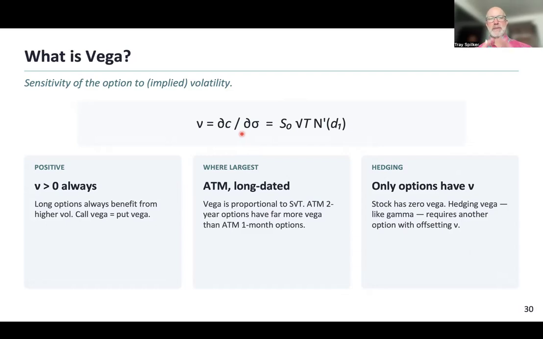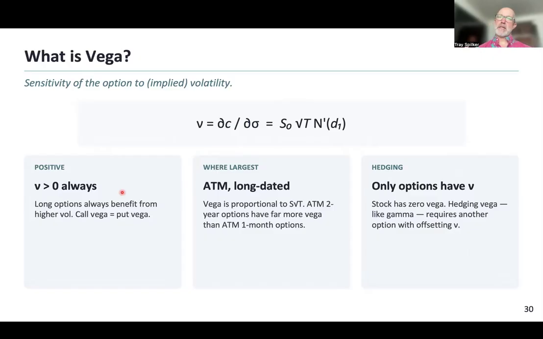We'll revisit that later. For now, you'll see here for vega, that is, again, the change in the call price or the put price with respect to changes in the underlying volatility. Vega is always positive, right? Long options are always benefiting from higher volatility, both calls and puts.